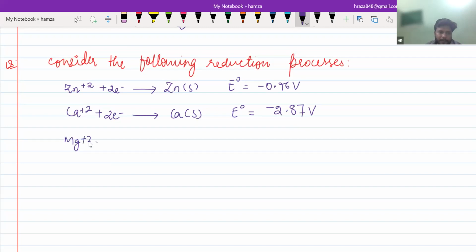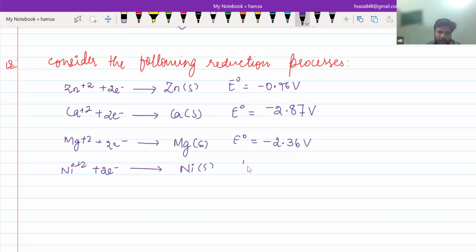Mg2+ plus 2 electron will give Mg solid, and E naught has a value minus 2.36, and Ni2+ plus 2 electron will be converted into Ni solid, which has E naught equal to minus 0.25 volt.